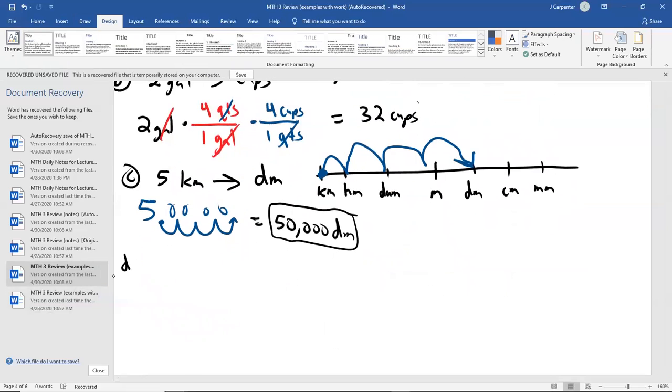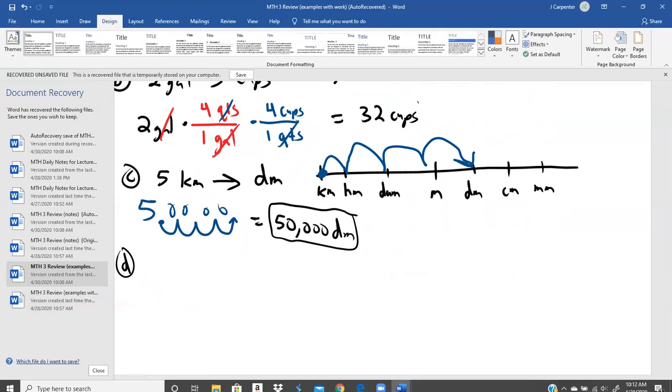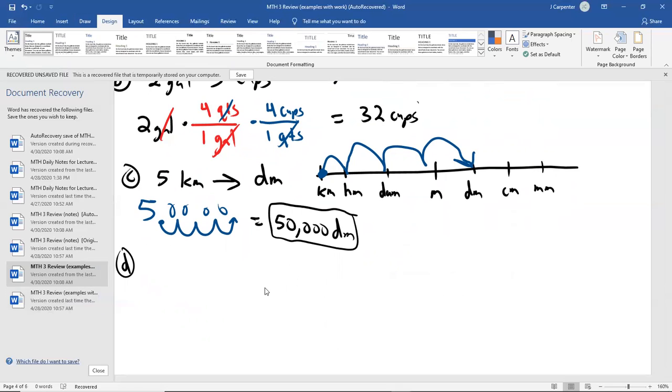Uno más. This was going to be my inches to meters. So let's go with, I don't know, 7 inches to meters.